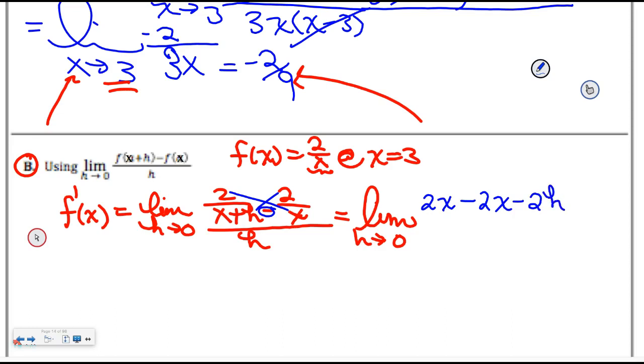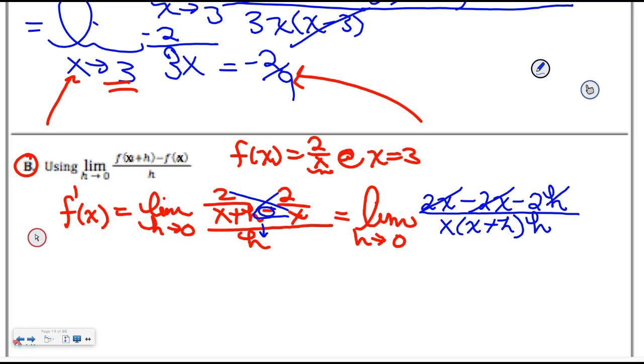So 2x minus 2x minus 2h all over, so that's my criss, minus my cross, all over multiply across x times x plus h, and then it's all over h, which we'd multiply by the reciprocal and do 1 over h, which just collapses it on the bottom. Remember, all non-h terms should cancel, and they did.